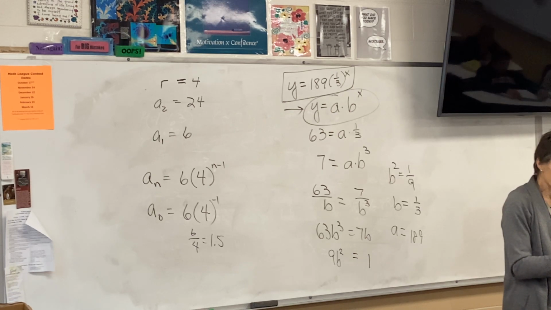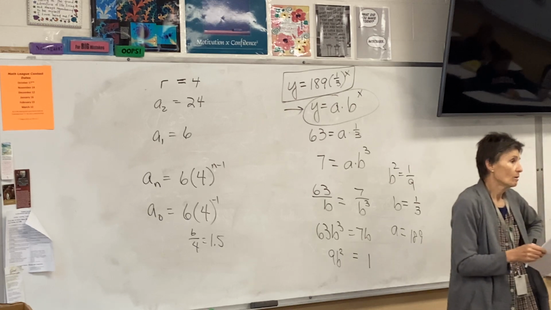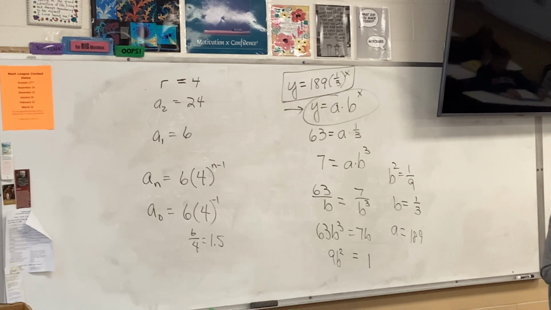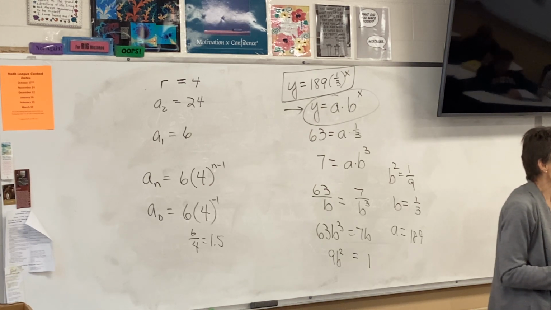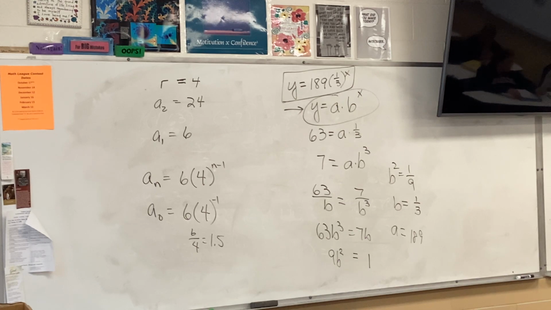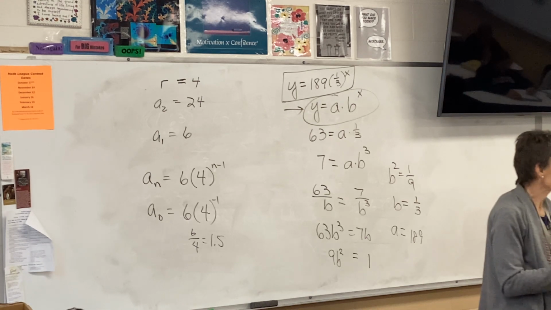A stands for how much you start with. B represents what you're multiplying by, or the constant of proportion. So in geometric sequence terms, B is R. It's what you multiply by. So in our reading card problem a minute ago, what was our B? 0.972. That's what we kept multiplying by over and over again.